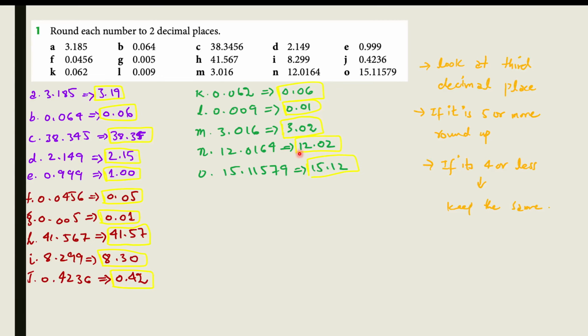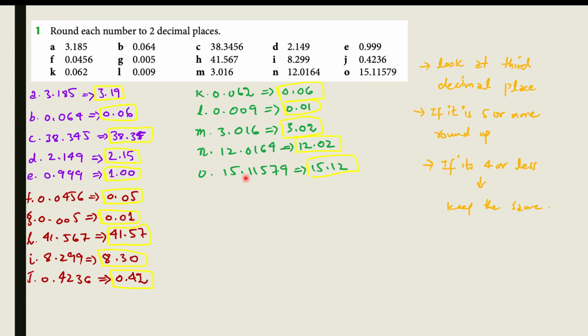Second last, 12.0164. So this would be rounded off by seeing the third decimal place digit. It is 6, more than 5. So in here, the second decimal place digit will increase by one number. So we will get 12.02. The digits after the second decimal place will all be removed. 6 and 4 are both removed.